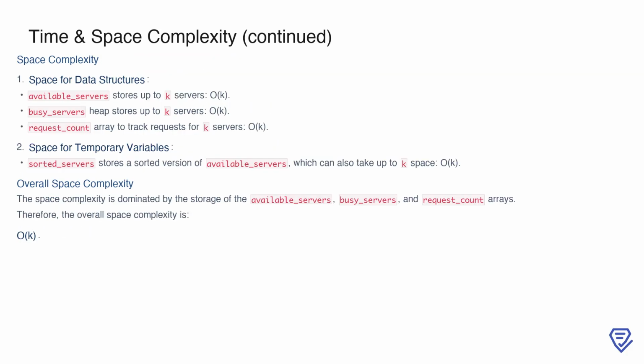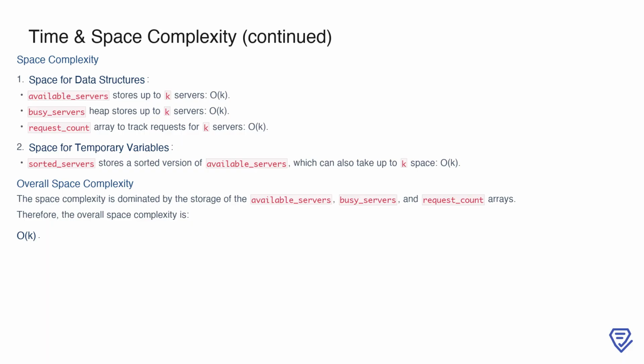The solution requires several data structures to manage the server states and requests. The available_servers set can hold up to k servers, contributing k space. Similarly, the busy_servers heap, which tracks servers currently handling requests, also requires k space. The request_count array, used to store the number of requests handled by each server, is another k structure.